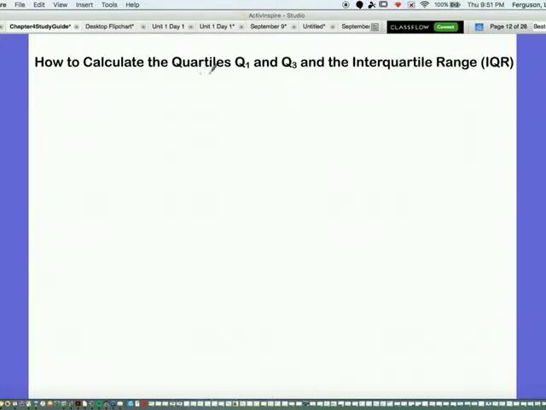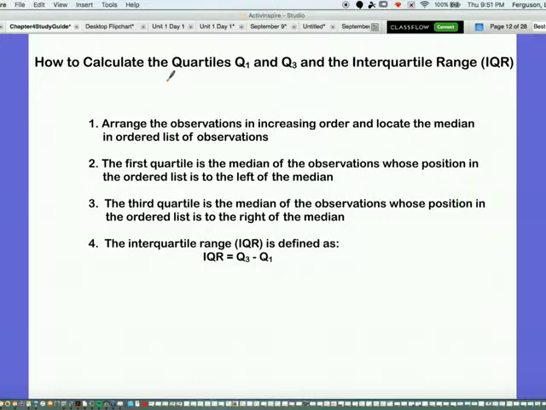So how do you calculate the quartiles Q1 and Q3 and the interquartile range? So your first step is to arrange the observations in increasing order and locate the median in the ordered list of the observations. We already know what it means to arrange them in increasing order. We've already talked about how you can find the median.